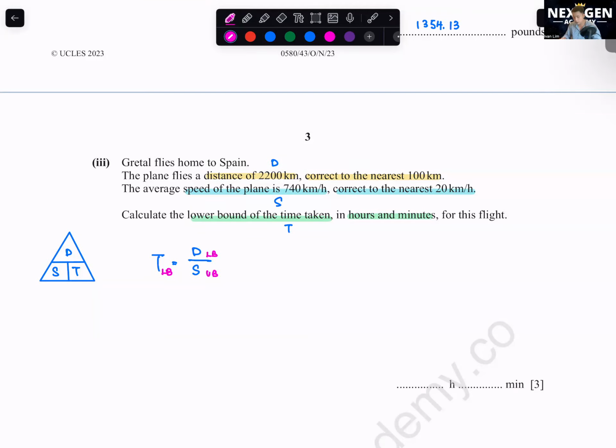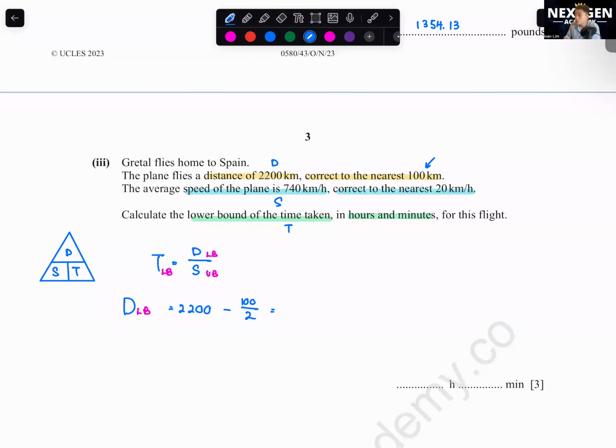Now let's find what is my distance lower bound and my speed upper bound. Distance lower bound. They said over here in the question, is 2,200 correct to the nearest 100 km? So if it's lower bound, we take minus whatever the unit here, we just minus 100 over 2. It's not always 50 or 0.5. You take whatever unit that they give you.